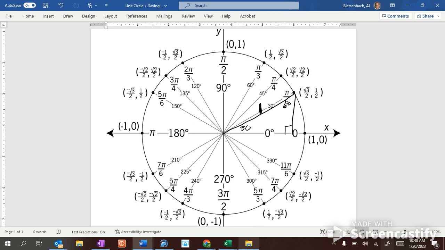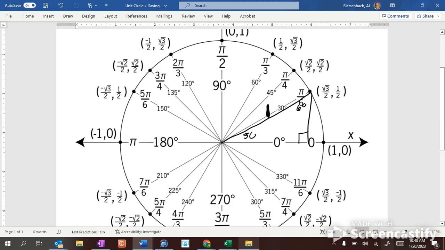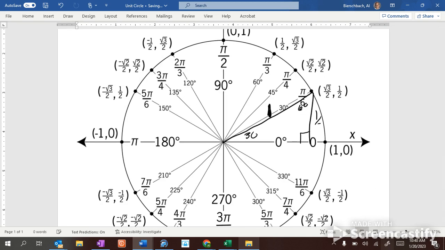Well, if our hypotenuse is 1, what's our short side? 1/2. Okay? And then from our short side, we multiply that by the square root of 3 to get to the long leg. That's our 30, 60, 90 triangles from geometry.